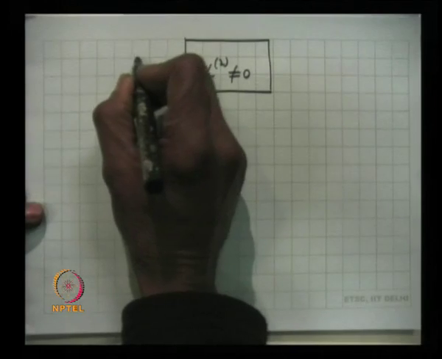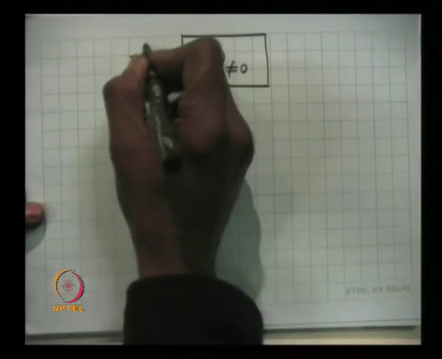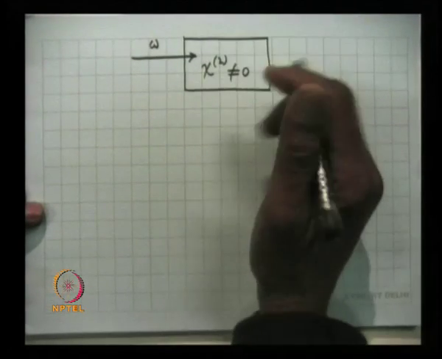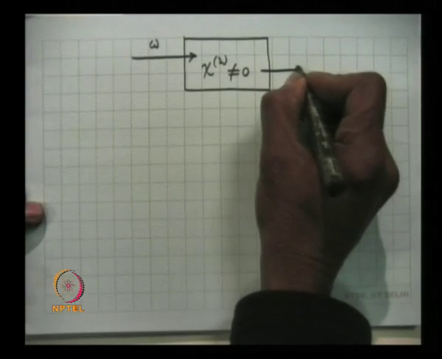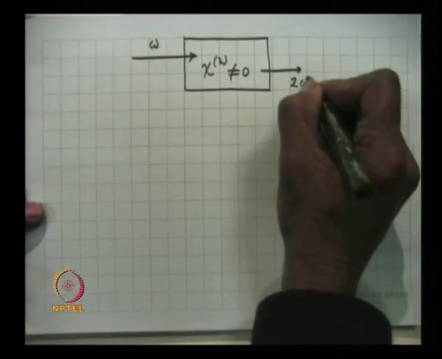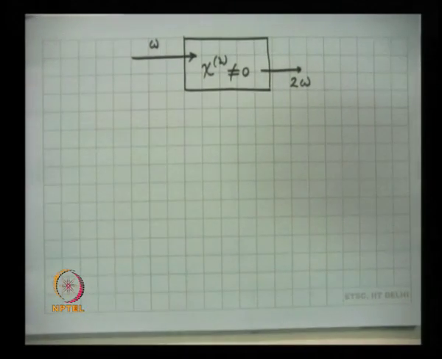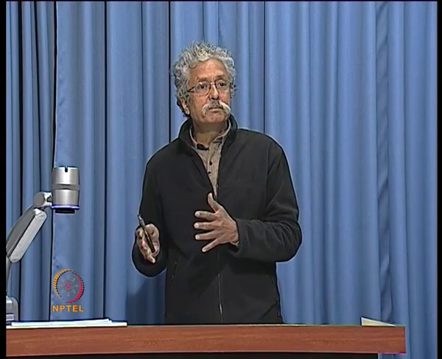So, what is my problem? My objective is, I launch a frequency omega into the medium. I want to calculate how much power I am generating at 2 omega. I launch an electric field at omega inside the medium with a certain amplitude. The medium converts omega to 2 omega.